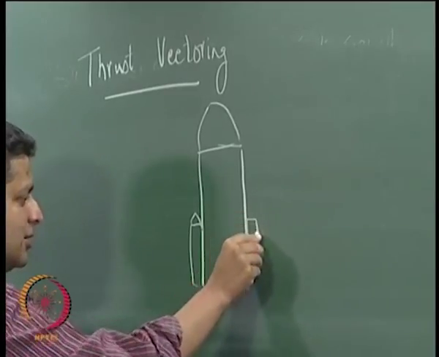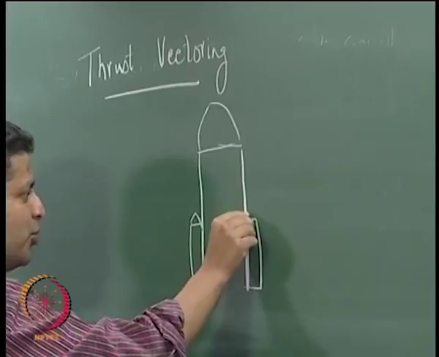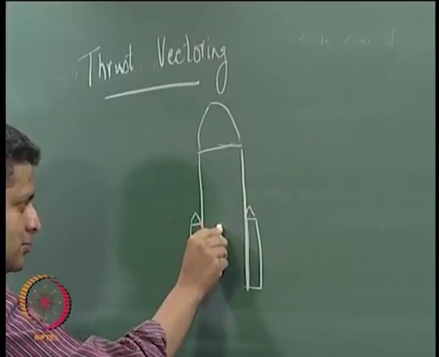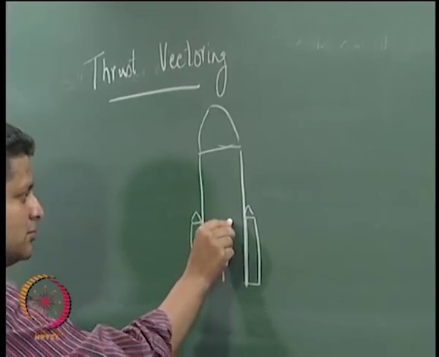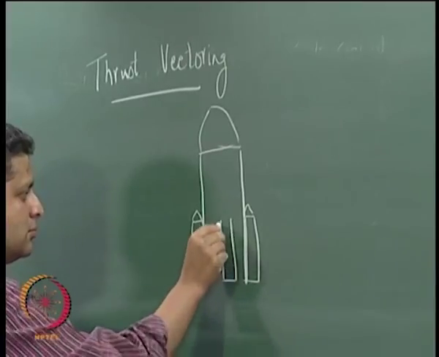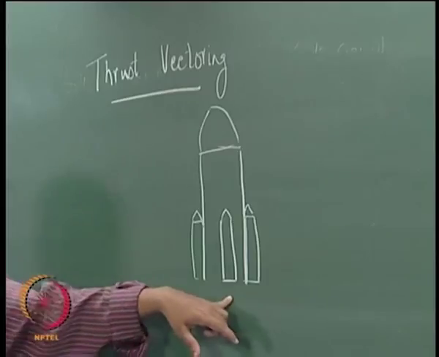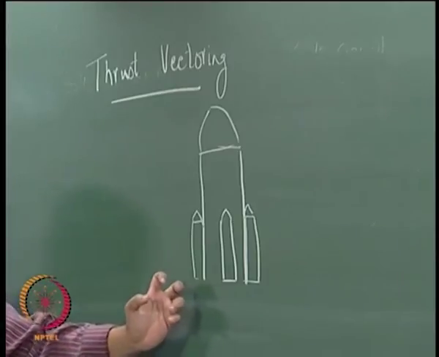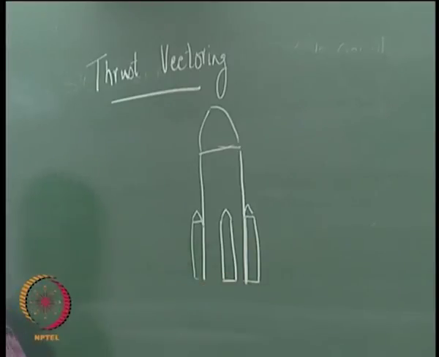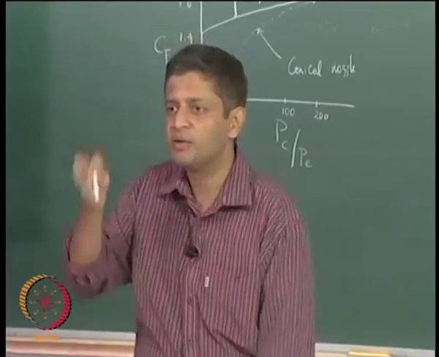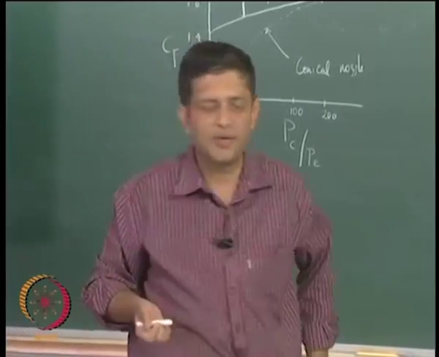PSLV has 6 strap-on motors. Now the nozzles of all these boosters are in such a way that they are canted away, that is, the thrust that it produces is at some angle to the vertical axis, right.